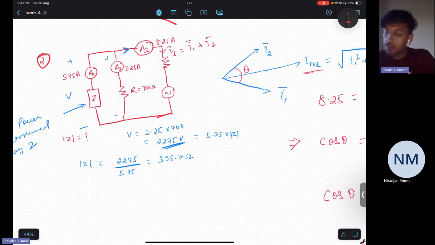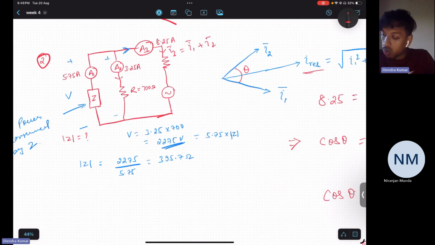So the angle between I1 and I2 we calculated, and since we know that I2 is purely resistive current, this current is purely resistive.